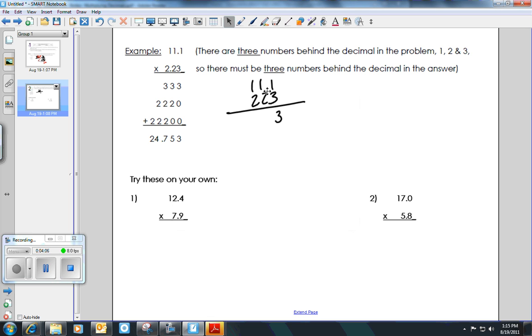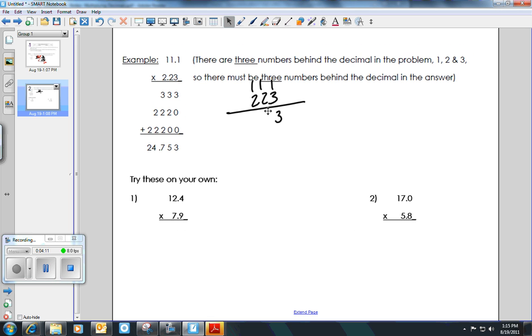To multiply this, I'm going to start with the 3. 3 times 1 is 3. 3, and 3. Now when I start multiplying with the 2 here in the middle, my numbers are going to start underneath that 2. So I'll have 2, 2, and 2 here. I can put a 0 in this spot to hold it.